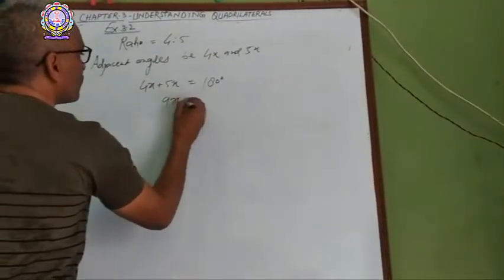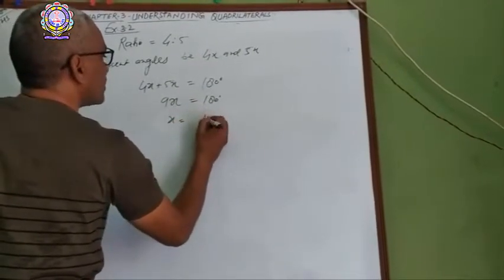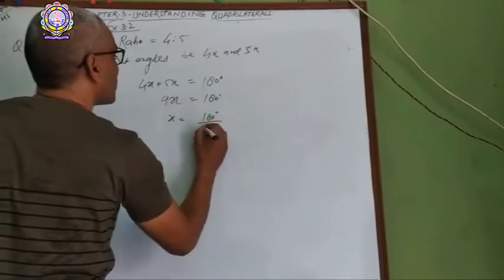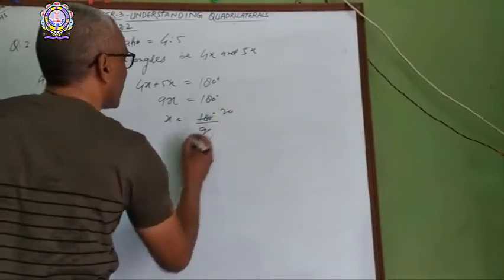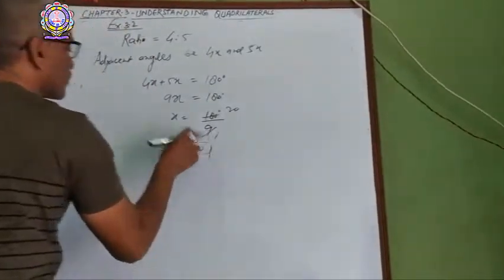This will give you 9x is equal to 180 degrees, and x must be equal to 180 degrees upon 9, and x must be equal to 20. This is the common factor 20.